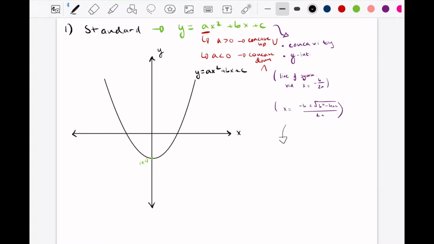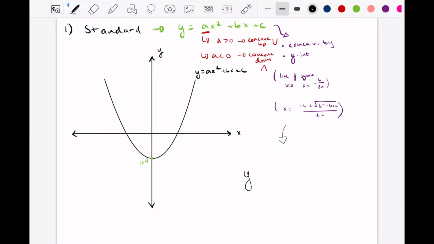How you can convert from standard into the vertex form is you find your line of symmetry, and we know that the vertex form is going to have the x-coordinate of the vertex inside the brackets, because the x-coordinate of the vertex is always at the line of symmetry.